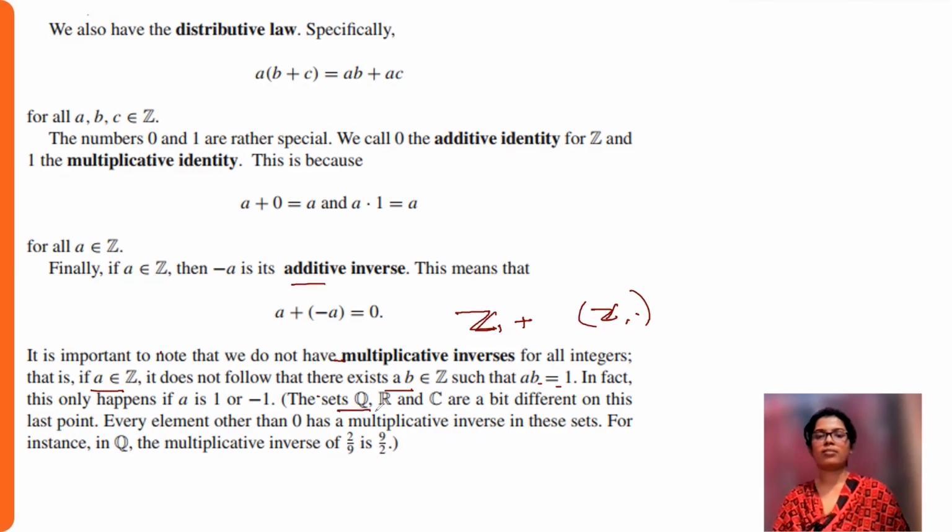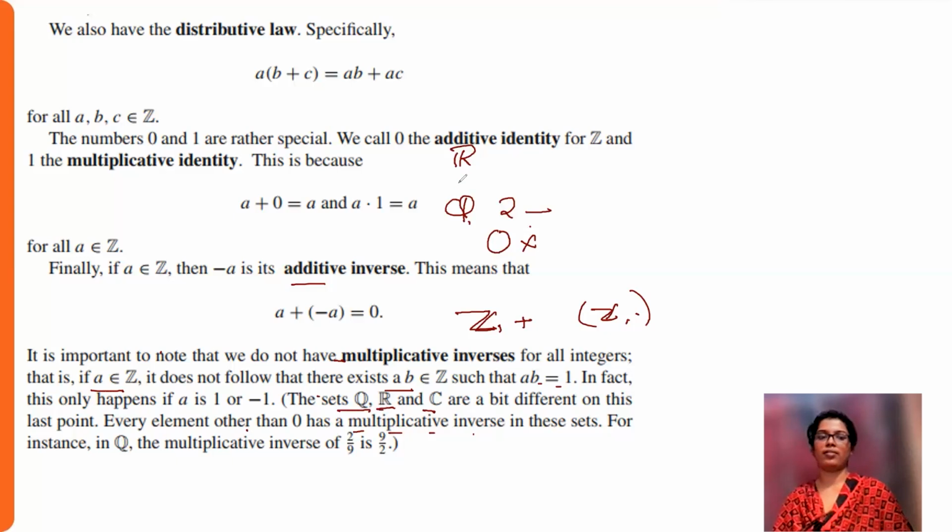But if we talk about the rationals, the reals, or the complex numbers, every element other than 0 has a multiplicative inverse, right? So in the set Q, we will always get a multiplicative inverse of the elements, but the 0 element won't have one. Similarly, the reals have a multiplicative inverse for all elements, but 0 will not.